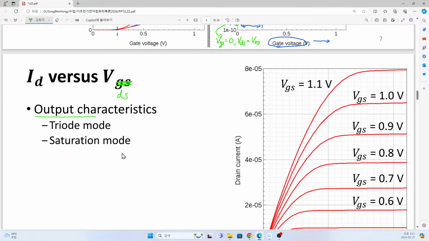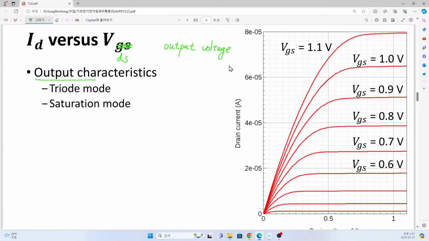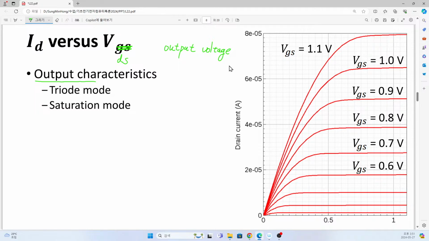Now, when a gate voltage is fixed, then we can change these VDS values. So since this VDS, drain voltage, is regarded as output voltage, this curve is also frequently referred to as the output characteristics.